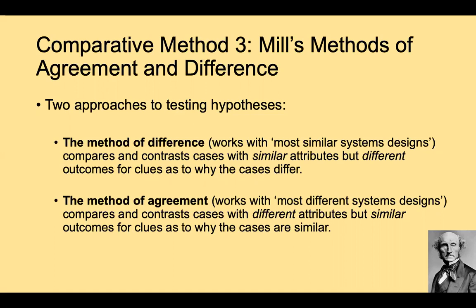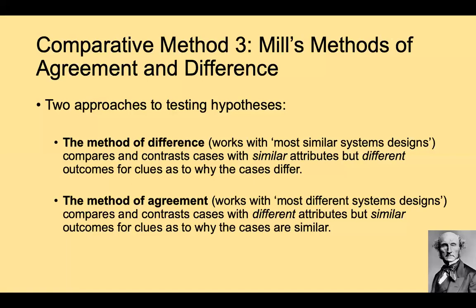Our second method is the method of agreement. And this is where we're comparing and contrasting cases with different attributes but similar outcomes. And we're looking for clues as to why the cases are similar. What is it that unites these otherwise radically different cases? They've got the same outcome, but they're otherwise very different.